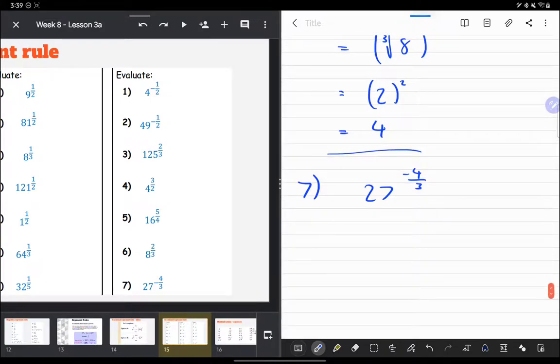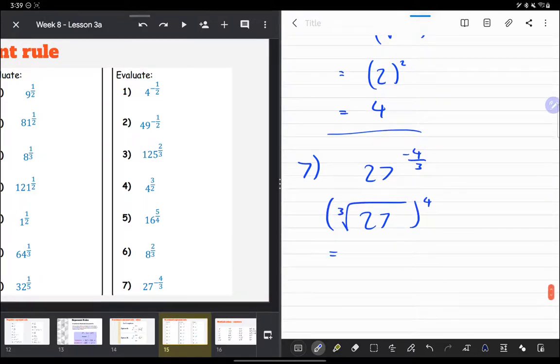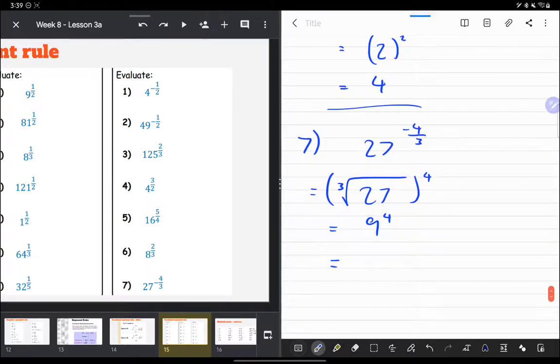Which is, well, 27 cube rooting it, which is just a 9, which is 9 to the power of 4. Oh wait, no, not 9 to the power of 4. I forgot the negative. 9 to the power of negative 4.